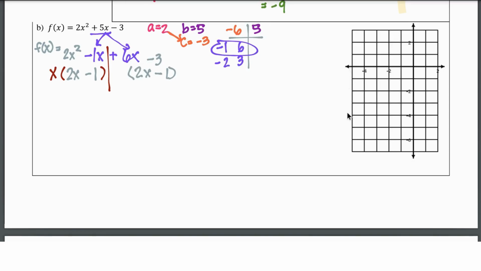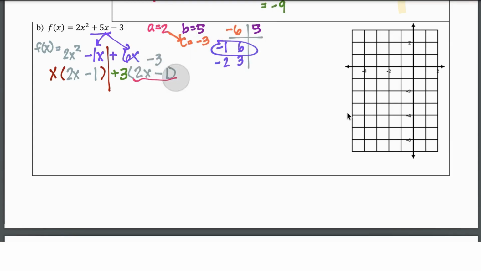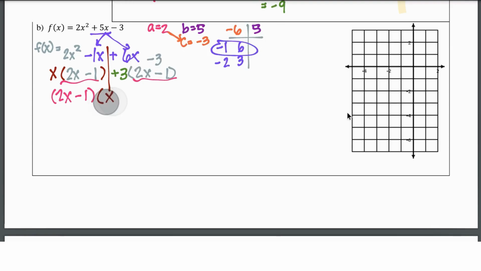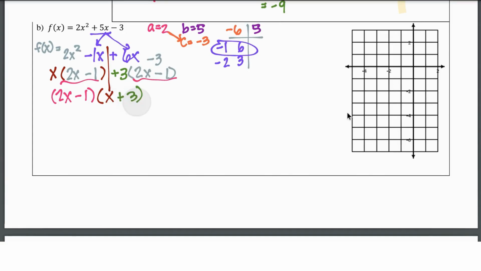And so I can see that if I factor out a 3, 3 times 2x makes 6x, and then 3 times -1 makes -3. So that means that my first factor is that common binomial factor of 2x minus 1, and that my remaining factor is the GCFs as a sum, so x plus 3.